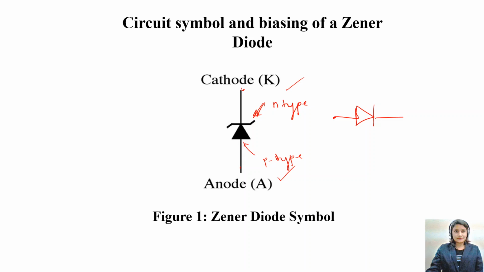But how to differentiate a normal diode and your Zener diode? If you see the cathode terminal, we made it something like zigzag, right? It resembles the shape of Z, and that will denote in the circuits, yes, it is my Zener diode.